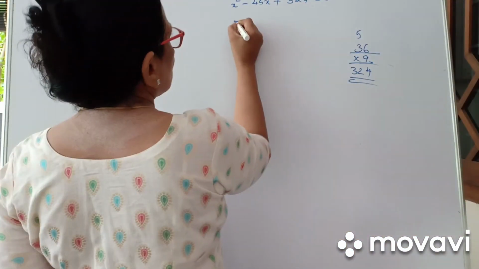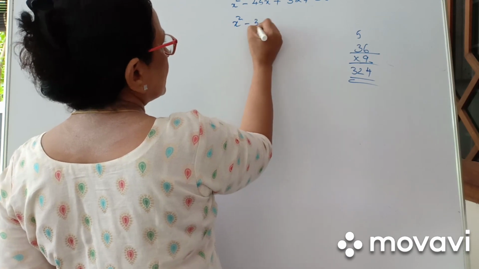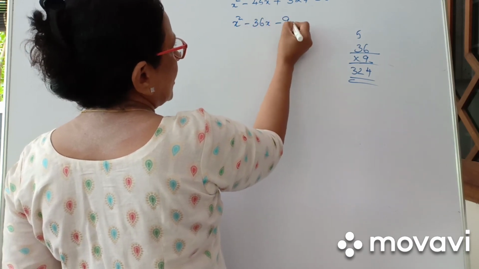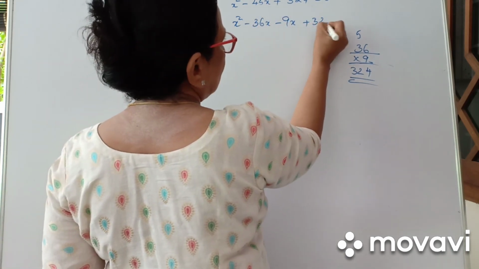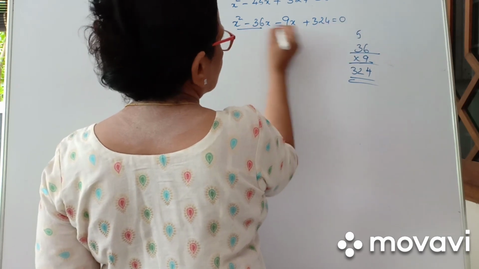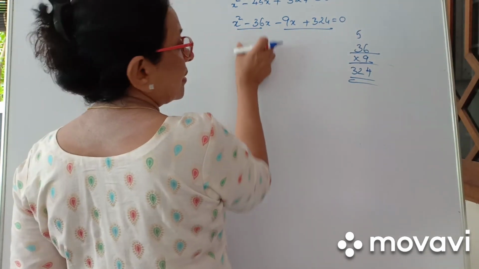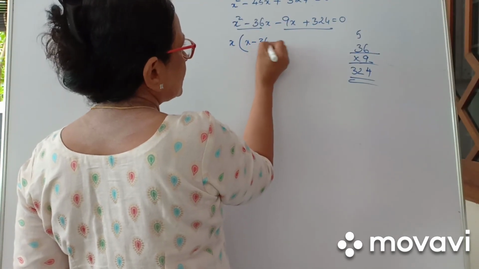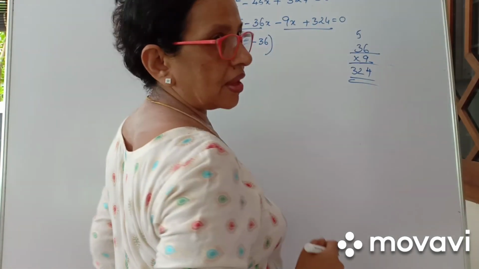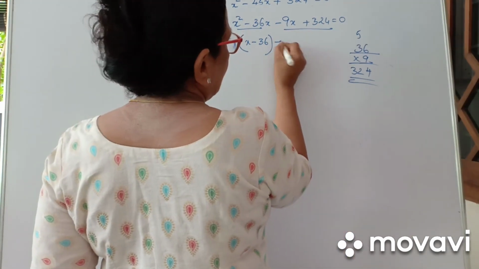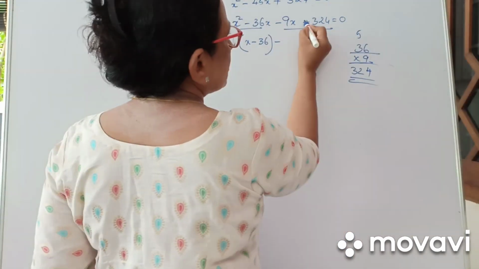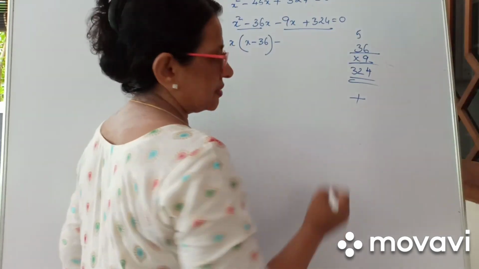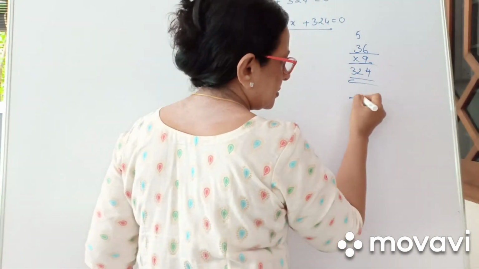Now, x squared minus 36x minus 9x plus 324 equal to 0. Now, group it, take out the common. So you have x common here, minus 36. Here, take out the minus sign. Both have a minus sign common, because this is a negative sign and this is a negative sign.